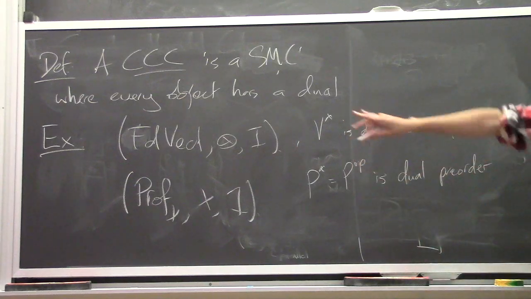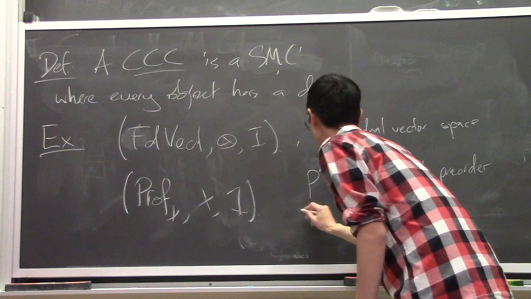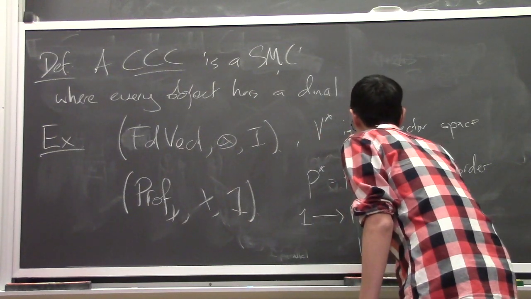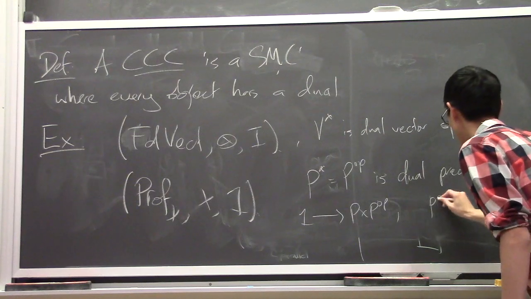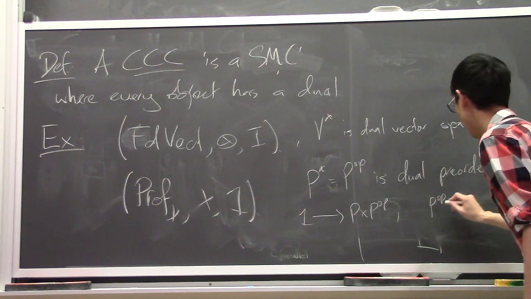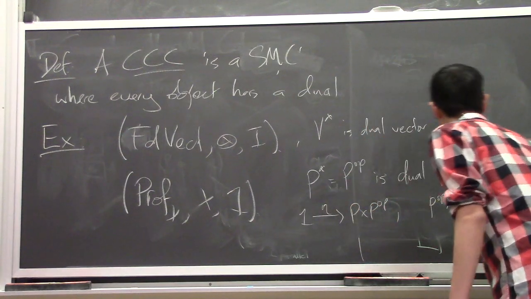But then, if I say P op is the dual, you're going to ask me for a profunctor from 1 to P times P op, and also a profunctor from P op times P to 1. These are eta and epsilon.